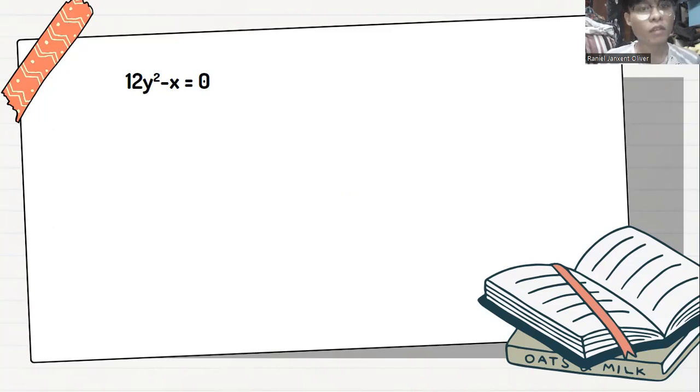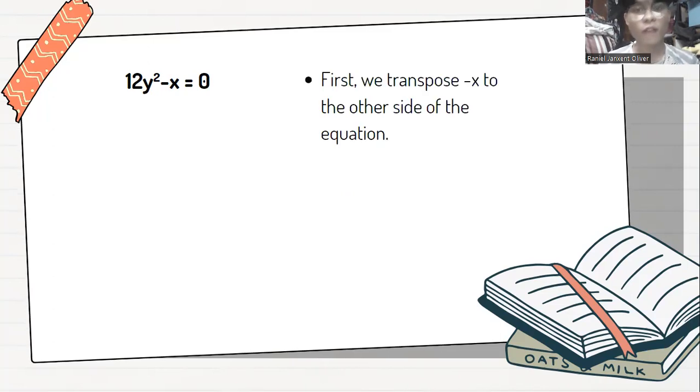We first need to transpose the negative x to the other side of the equation because we need to separate the y variable from the x variable. In doing so, we are left with 12y squared equals x.